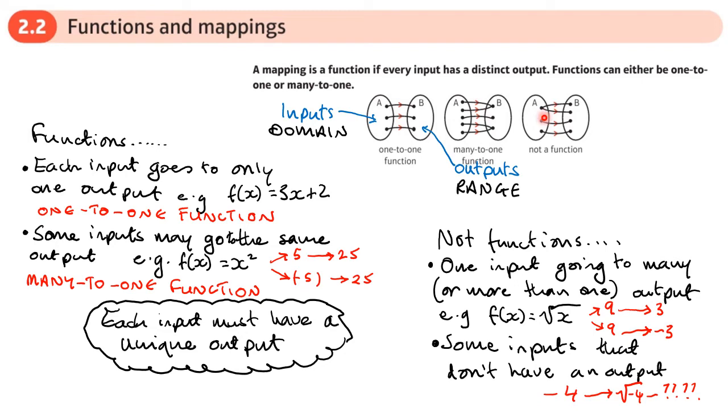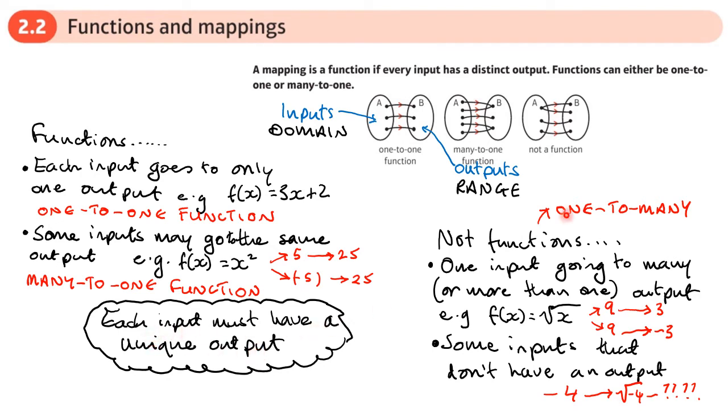Whereas this last one here, which we actually call one to many, let's write that down, one to many, doesn't have that. So with a one to many function, you cannot say each input has a unique output.